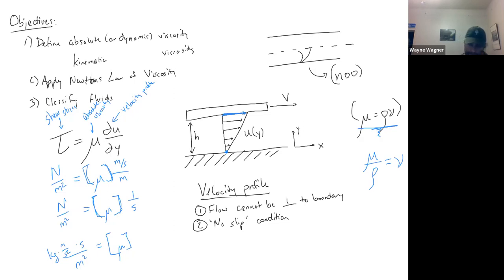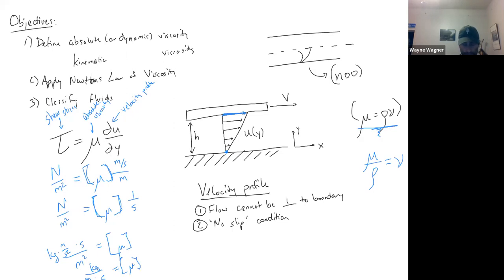And then if we rearrange that, we end up with seconds on the bottom, meters on the bottom, and kilograms on top. That equals mu. So mu is mass over length over time.